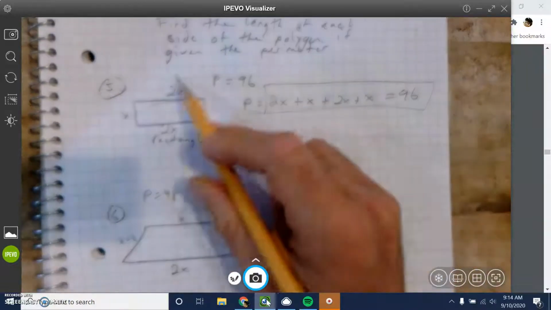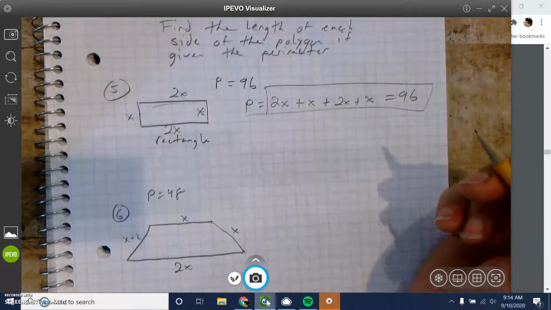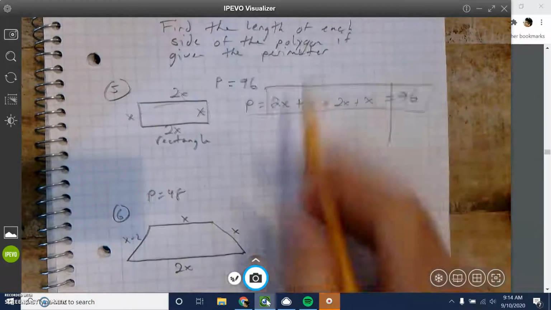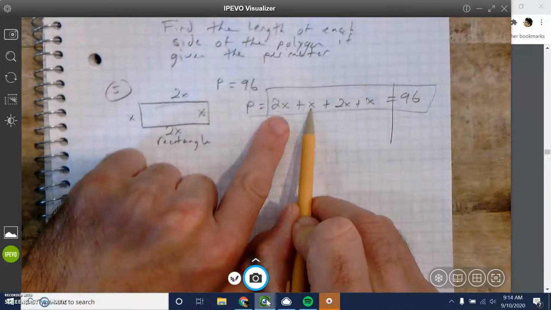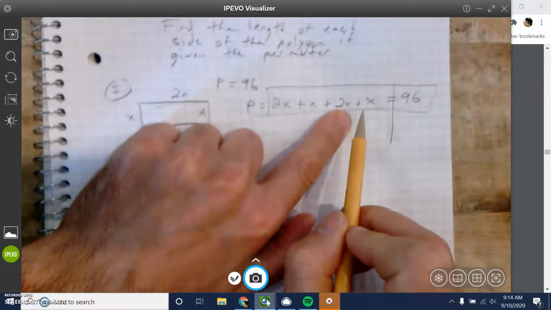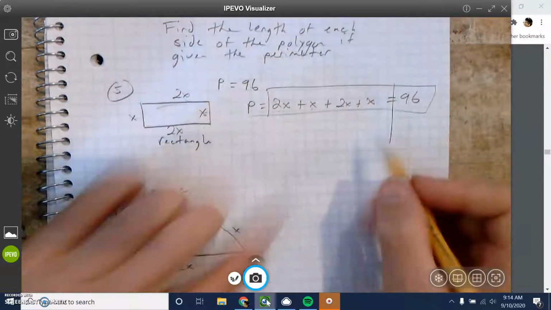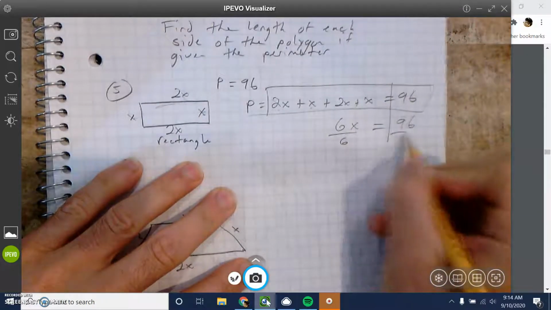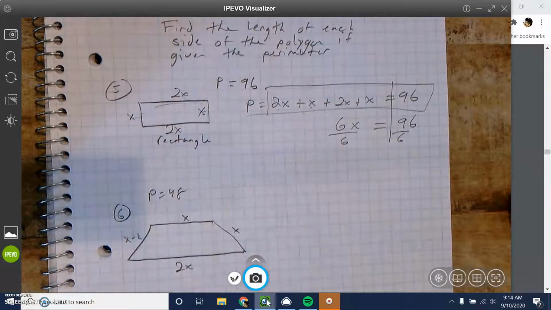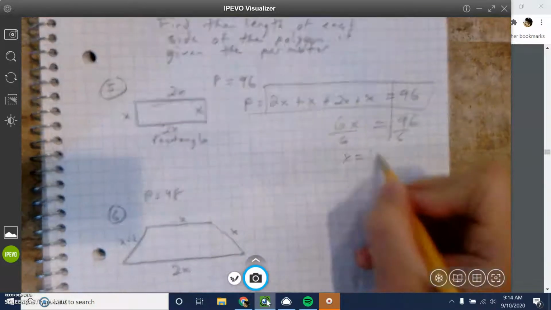And then I'll plug it back in, and then I can get the length of my sides. So let's do it. Let's combine like terms. 2x plus x, that's 3x. Plus 2x is 5x. Plus another x is 6x. Divide by 6. 96 divided by 6 is 16. So x equals 16.